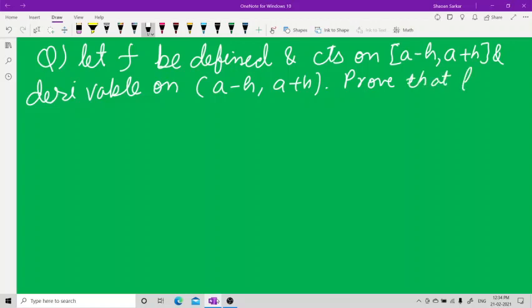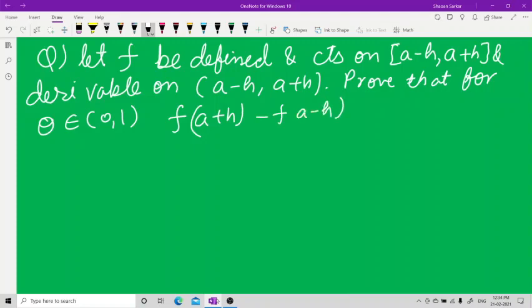Prove that for theta belonging to 0 and 1, f of a plus h minus f of a minus h is equal to h times f dash a plus theta h plus f dash a minus theta h.